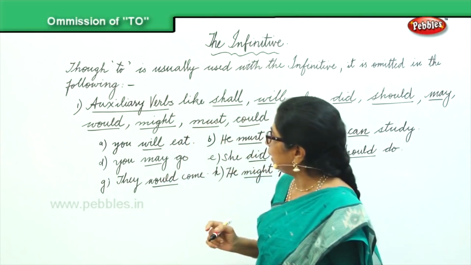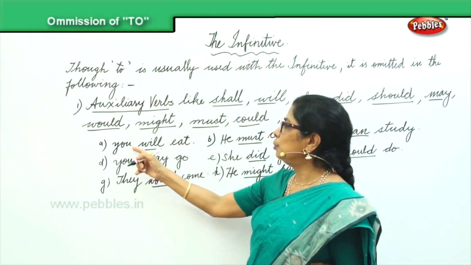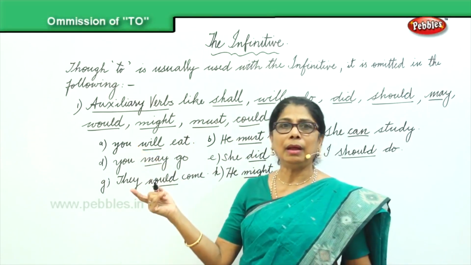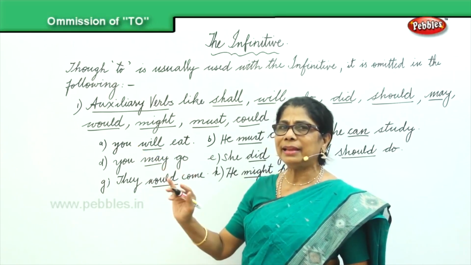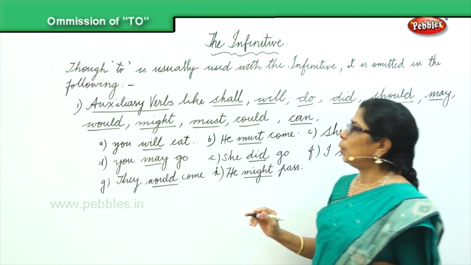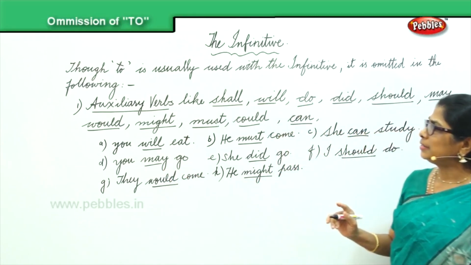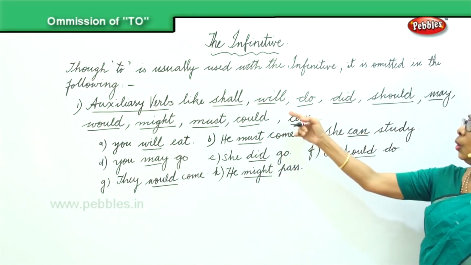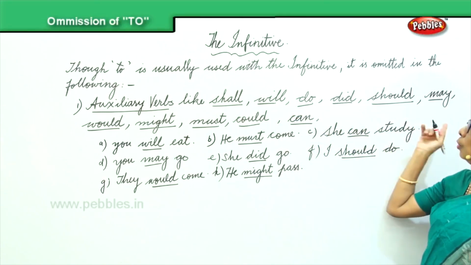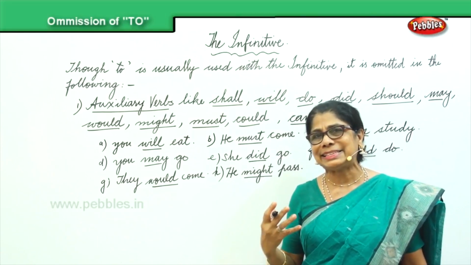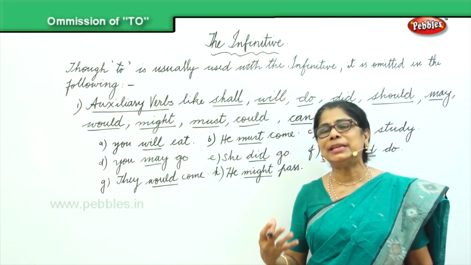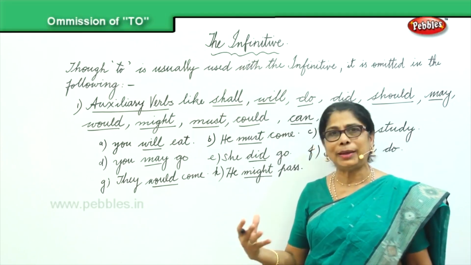We do not say you will to eat. We will simply say, when using would, might, must, could, can, shall, will, do, did, all these auxiliary verbs in a sentence, to is omitted. And that's what we are looking at.